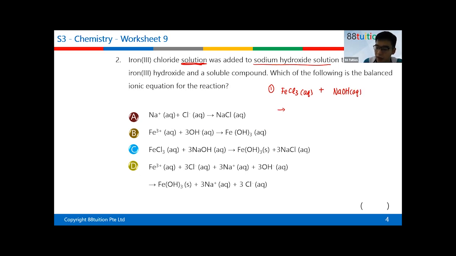To form insoluble iron hydroxide. So iron(III) hydroxide is given as Fe(OH)3. Since it's insoluble, it cannot be aqueous because it cannot dissolve in water. So solid, yes, very good. Then the soluble compound is the remaining one. I used up my iron and hydroxide, so the remaining should be your sodium chloride, and this one is aqueous.